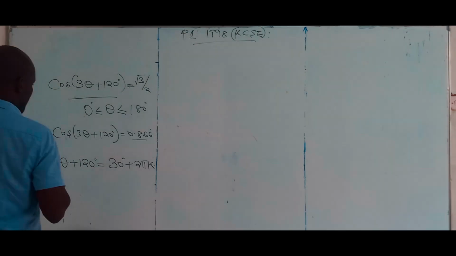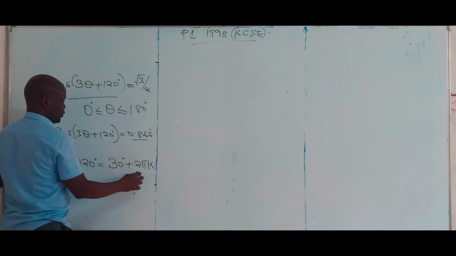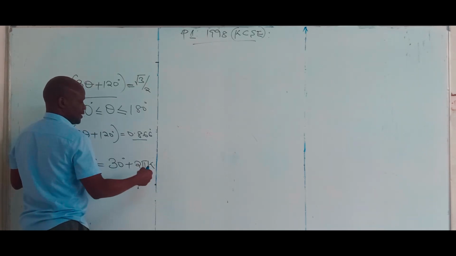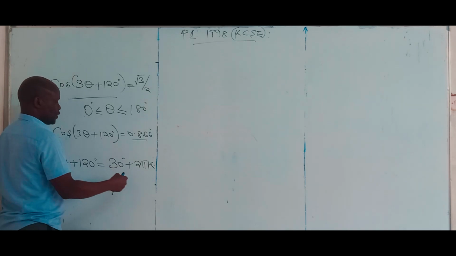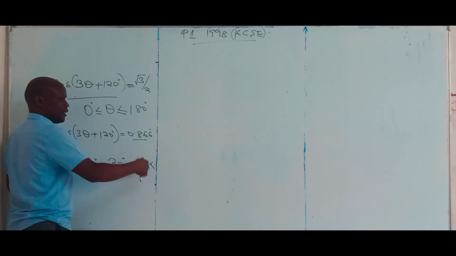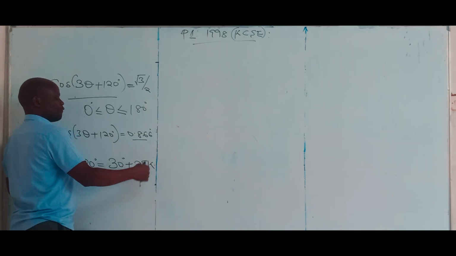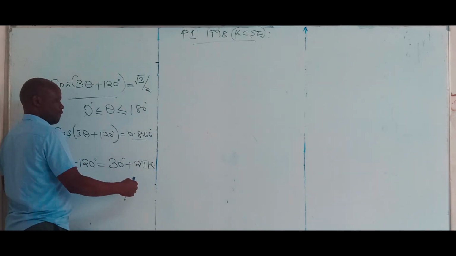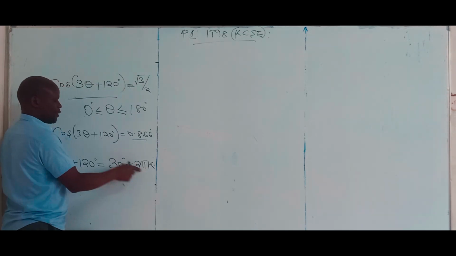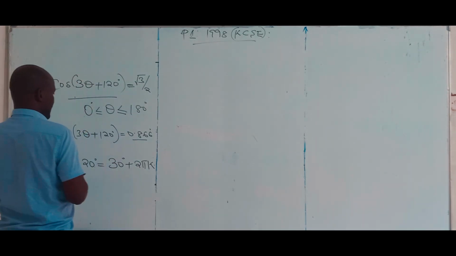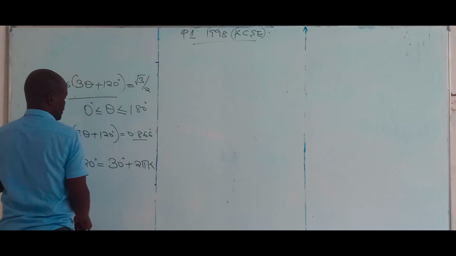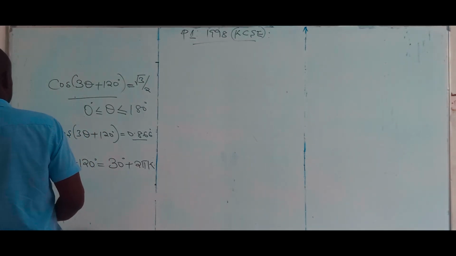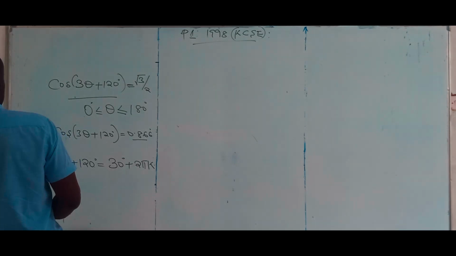I'm introducing the element of 2 pi k here because this cos function is expected to repeat its values after every 2 pi, that is, it has periods of 2 pi.